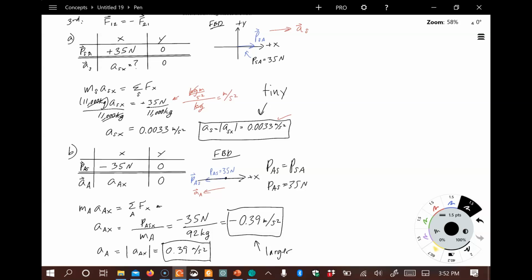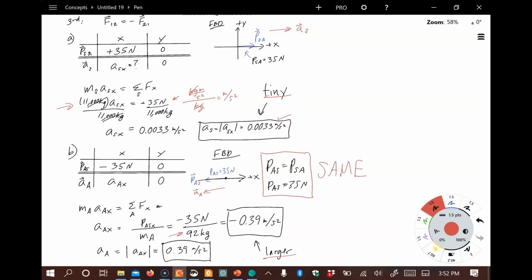What's the difference? Well, it all comes down to the mass of the object. Mass resists change in motion, it resists acceleration, so the larger mass object is going to have a smaller value. The tinier mass object is not able to resist the change as much, so it'll have a larger value of acceleration. Nonetheless, the push forces on the astronaut by the space shuttle and on the space shuttle by the astronaut are still the same.